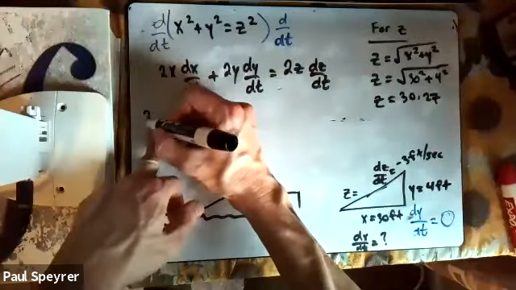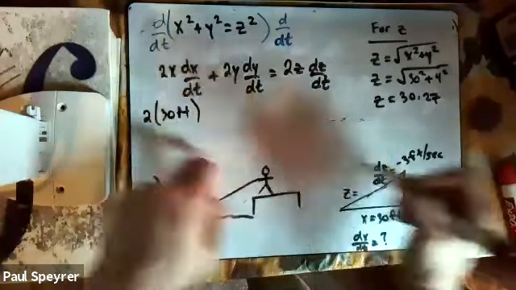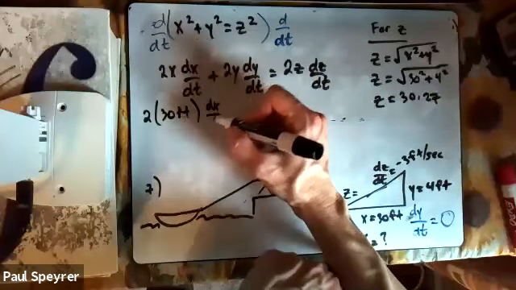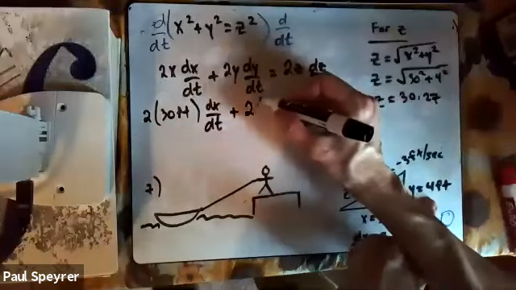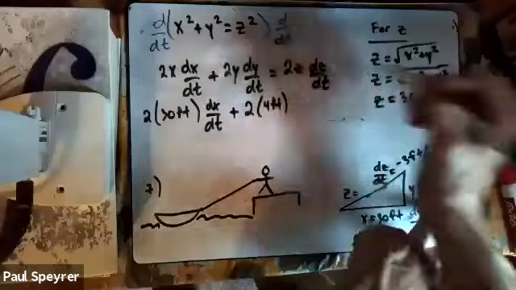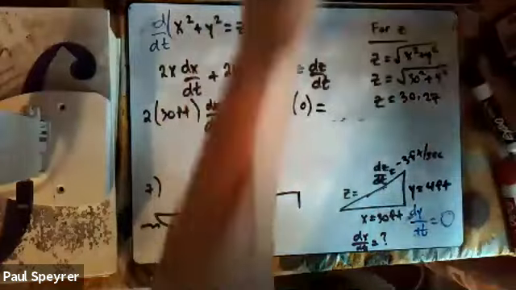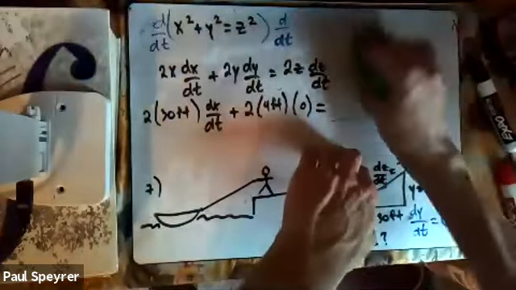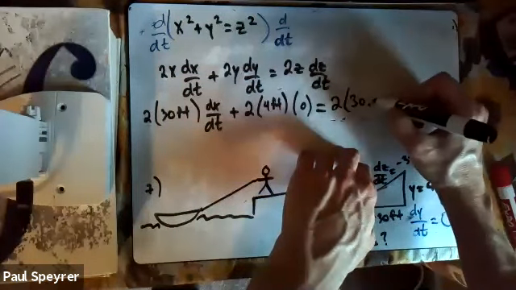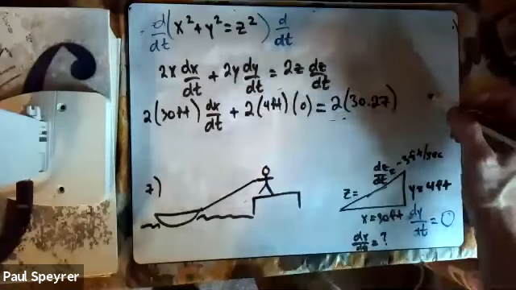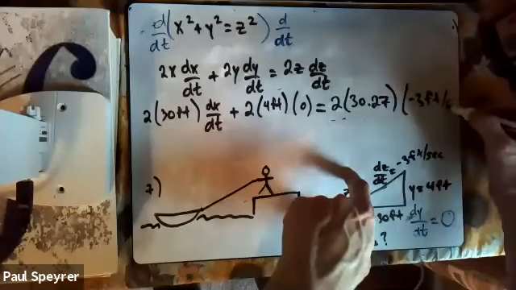So we have 2 times x, which is 30 feet, times dx/dt, which is the question mark, because that's what we're looking for, plus 2 times y, which is 4 feet, times dy/dt, which was 0, and that's equal to 2 times 30.27. And then dz/dt we saw was negative 3 feet per second.